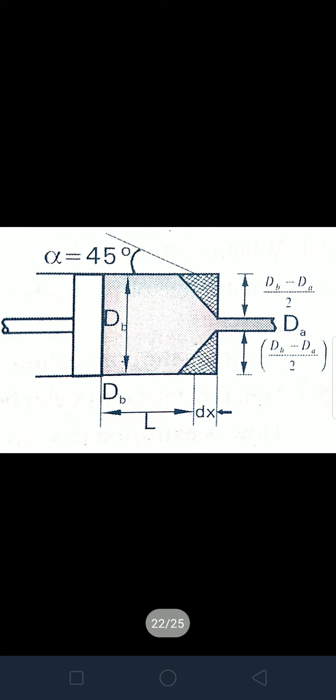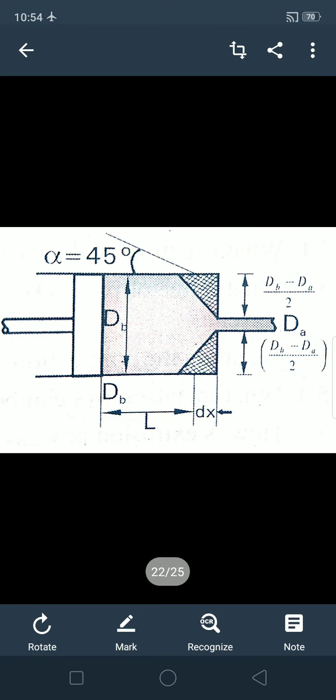Look at the figure: the dia of the billet before extrusion, the dia after extrusion, the average dia, and the small change in length dx are given. Assuming angle alpha, here 45 degree is to be assumed. Then roughly you can form the forces along with the given parameters.